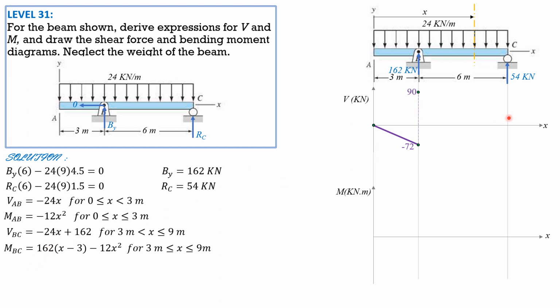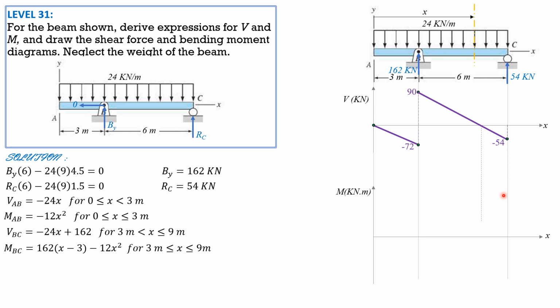When x is 9, negative 24 times 9 plus 162 is negative 54. Connect them with a straight line because this has a negative slope of negative 24. That's the shear diagram, which closes because the reaction here is 54.